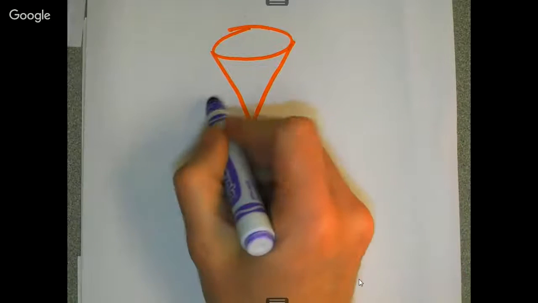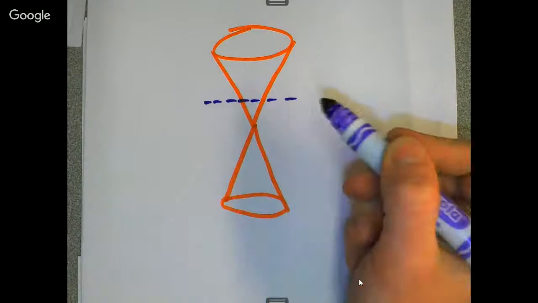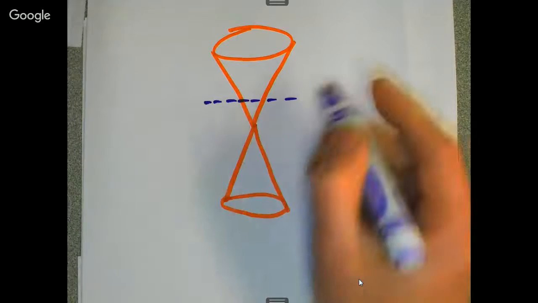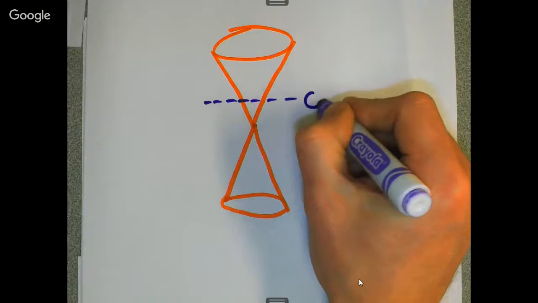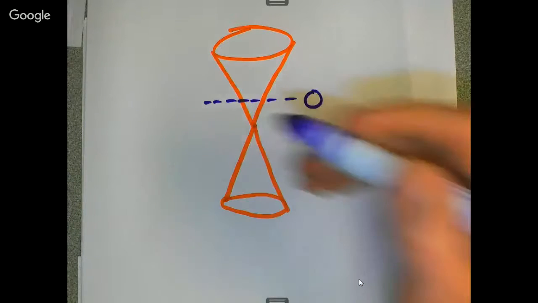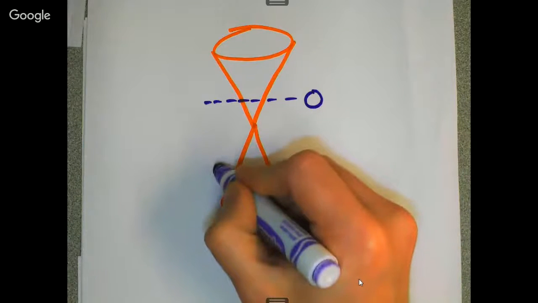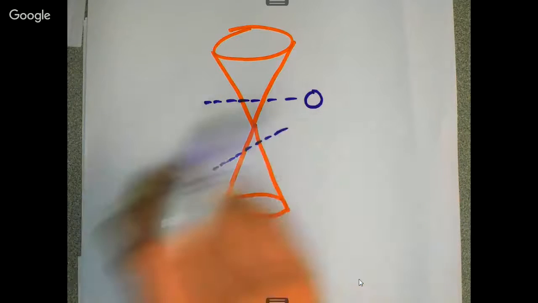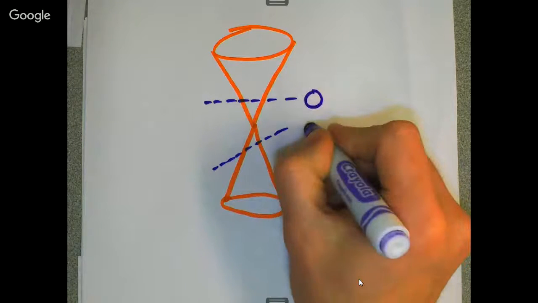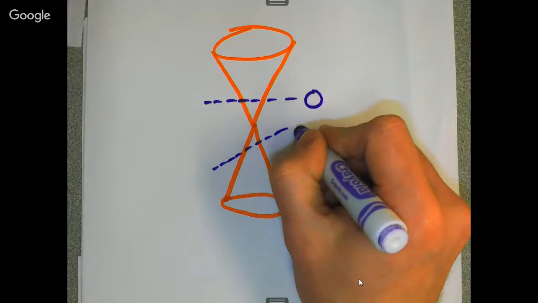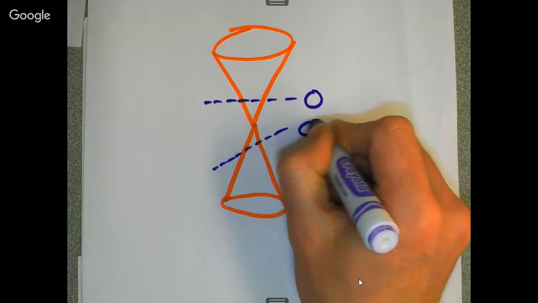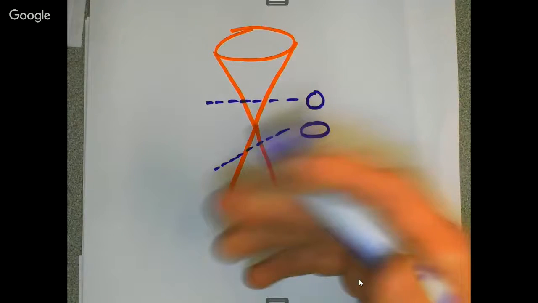So maybe I slice my cone in that direction. Well, if I cut that, then I just get a circle. If I cut it, look at the cross section. Let's say I cut it like this, going through just one of the cones, then I will get an ellipse, or what you normally call an oval.